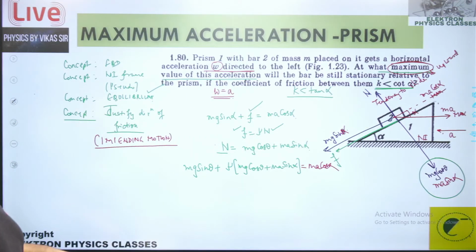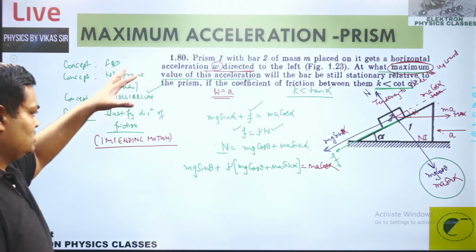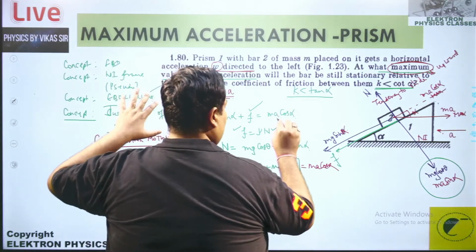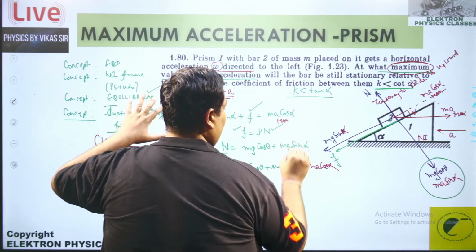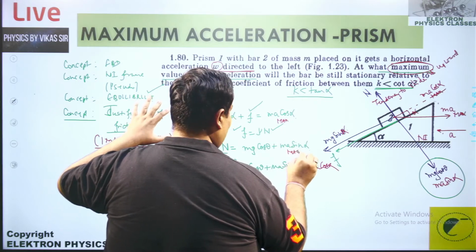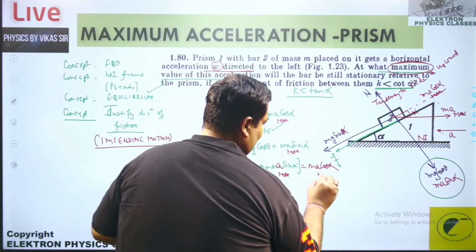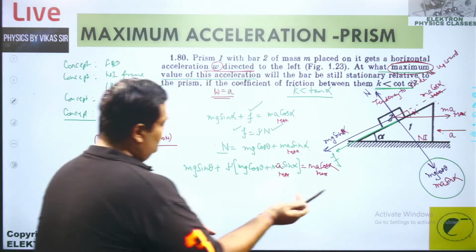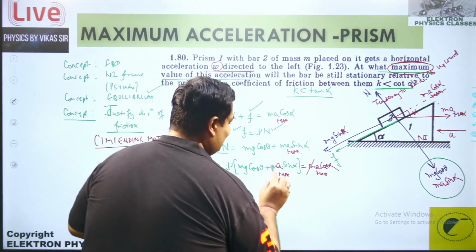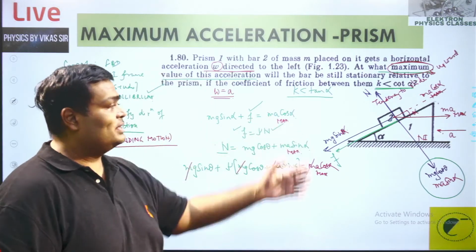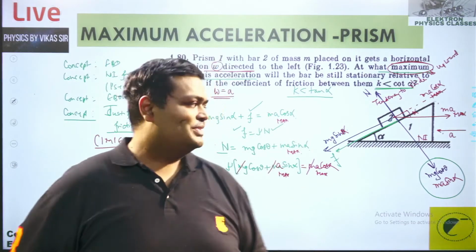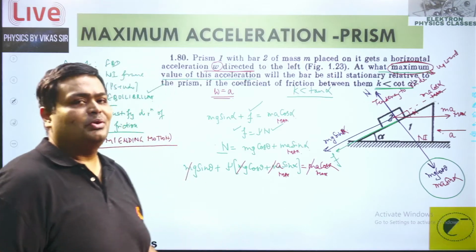Now what do we wish to find? A max. This is all a max, the maximum acceleration. It appears twice, here and here, so combine the terms. And this m gets cancelled. We never realized that the masses were not given, so it would have been extra info, but not required in the question.